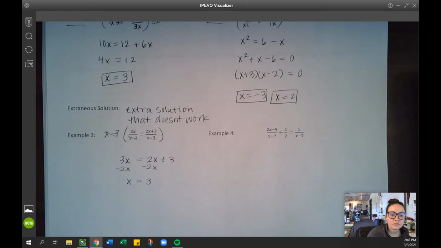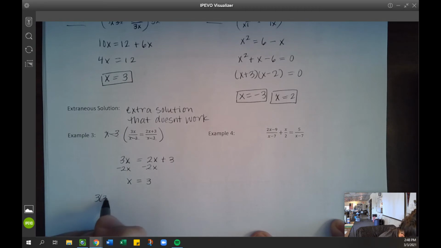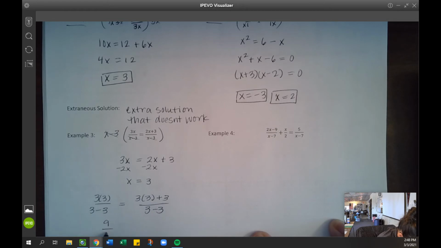Now, what you need to do is go back to the original equation and see what's going to happen if I plug in 3 for x. So I'm going to have 3 times 3 over 3 minus 3 equals 3 times 3 plus 3 over 3 minus 3. 9 over 0 equals 12 over 0, equals still 9 over 0.